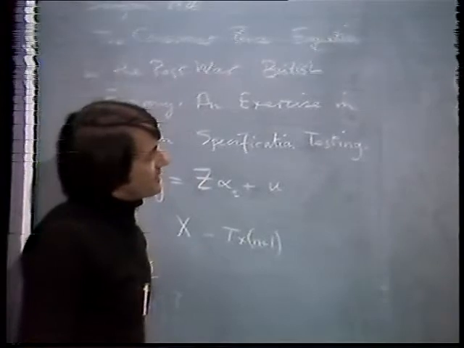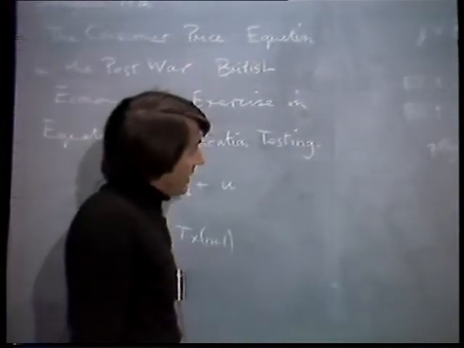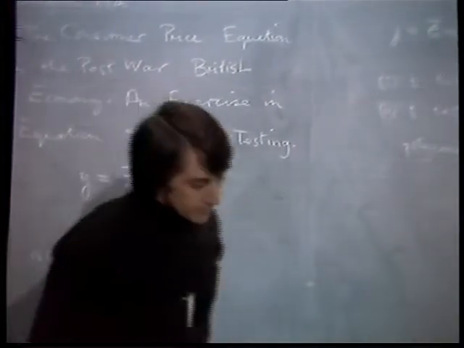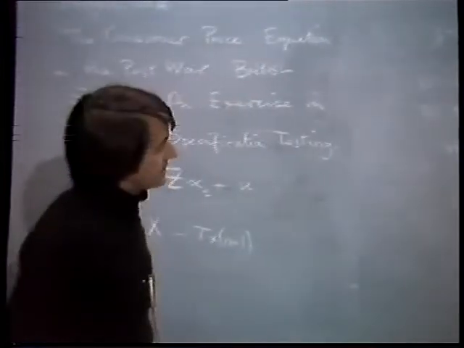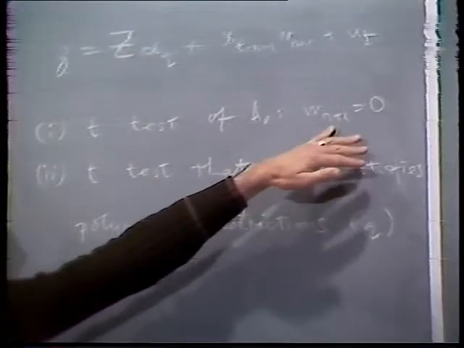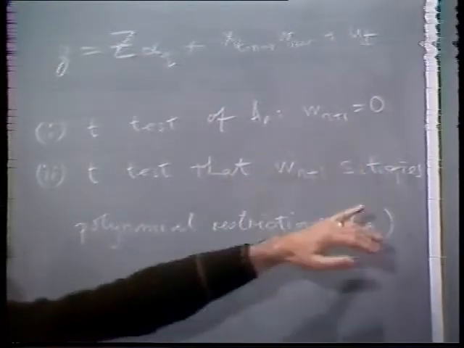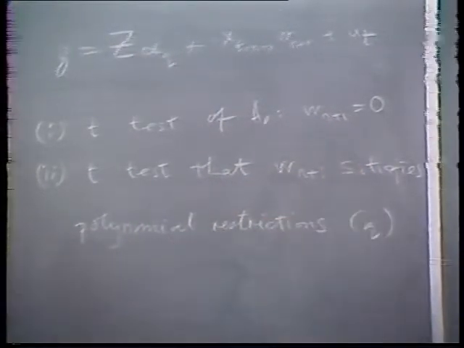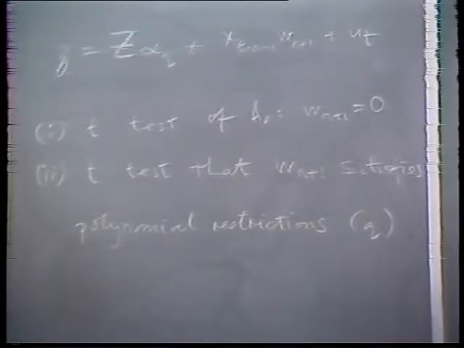What decision are we to take? Well, if both are rejected, then it's saying that we do need the variable with n plus 1 lags, but it doesn't satisfy the polynomial restriction, so that we ought to consider a re-specification of the model.